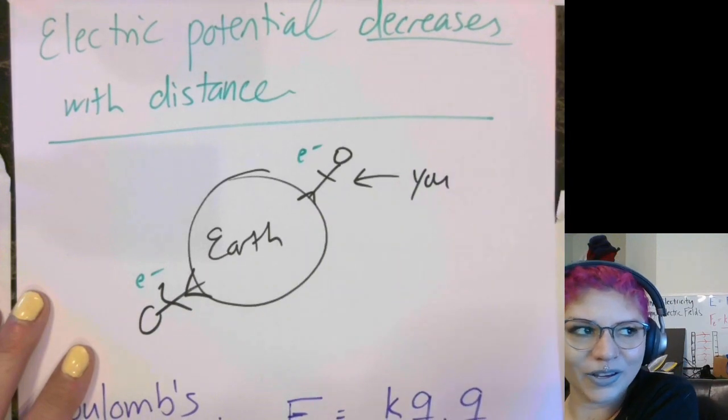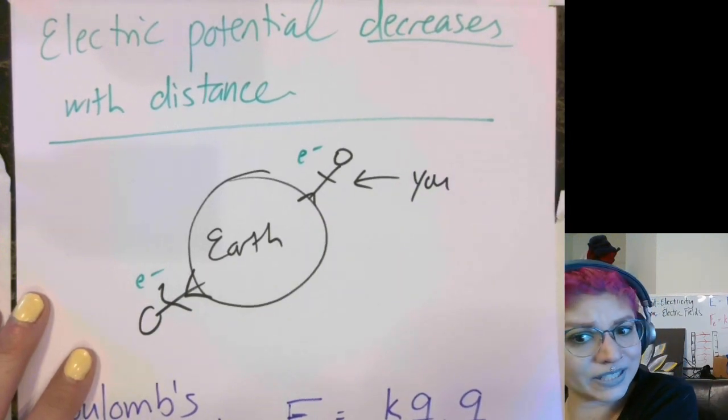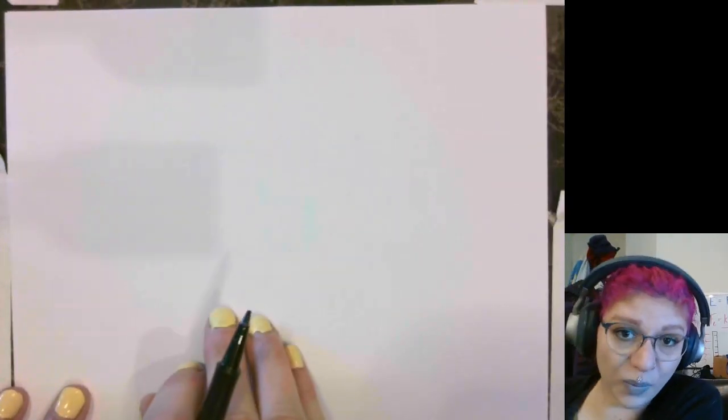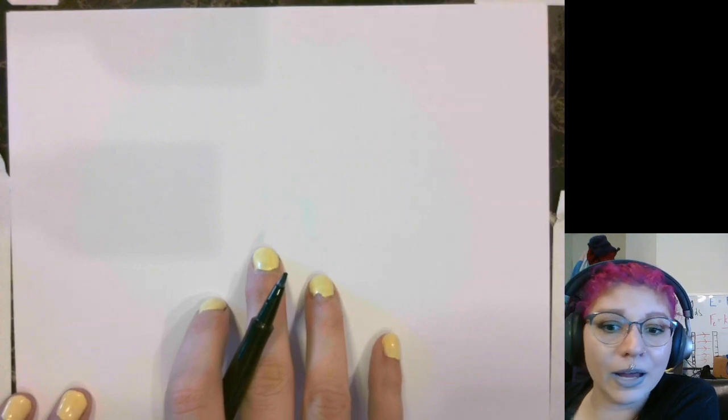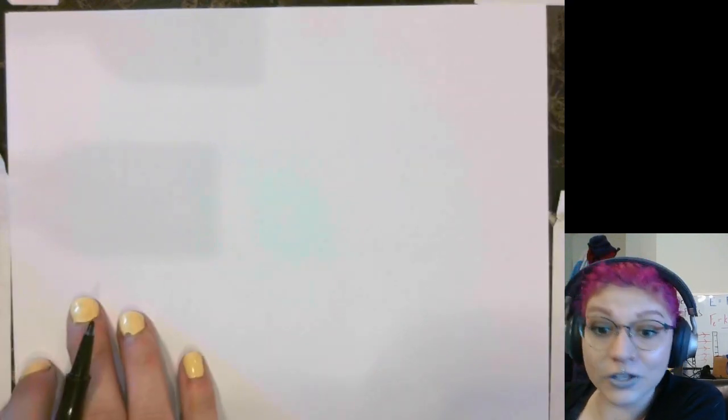So think of that example I just gave you where you and your friend are on opposite sides of the Earth. Do you think a battery is super useful if you're on opposite sides of the Earth? Probably not. I'm going to give you an equation here. I'm not going to derive it because I think that's a little bit too much for an online lesson like this. If you're interested, reach out, ask me.